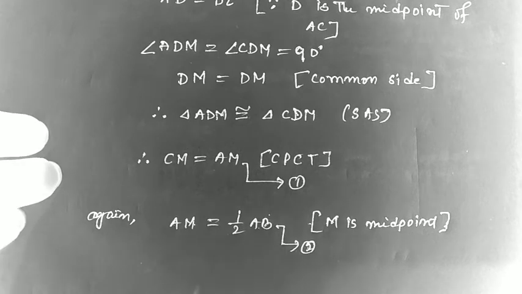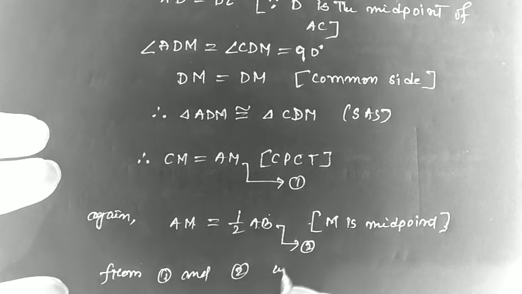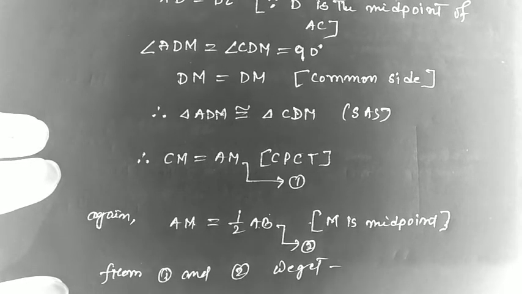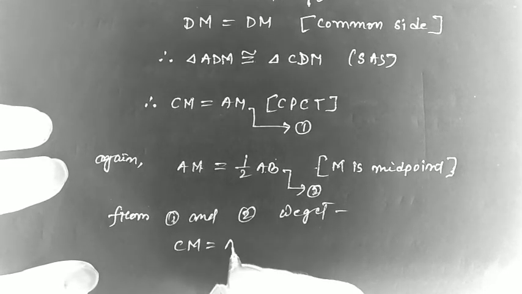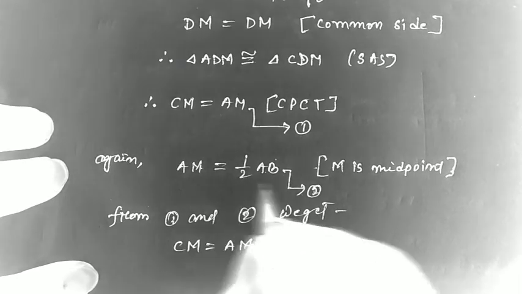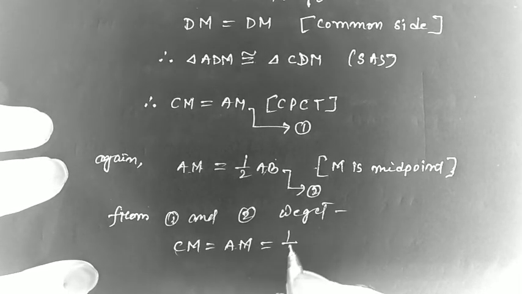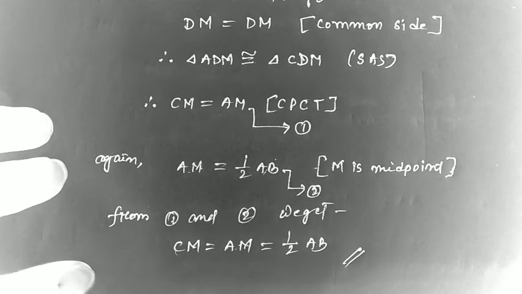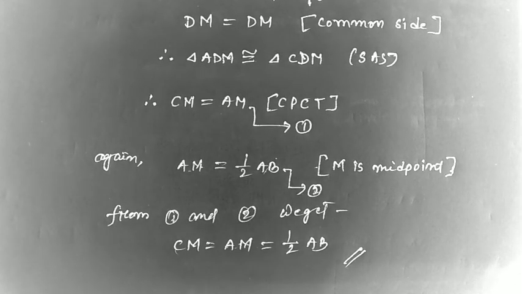From equations 1 and 2, AM is equal to CM, then CM is also equal to half of AB. So from 1 and 2 we get CM is equal to AM, and since AM is equal to half of AB, CM is also equal to half of AB. That's it. So this chapter is finished. Thank you.